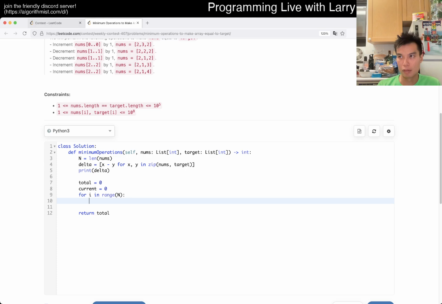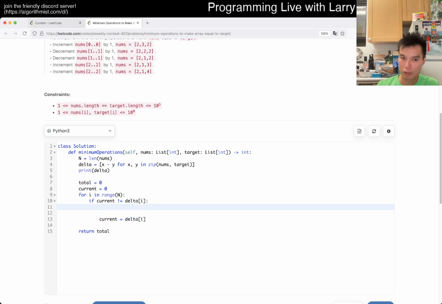Okay, so then now we have 2 things we can do, which is we can either increment, let me just set out i. Okay, we can either increment or start from 0, right?